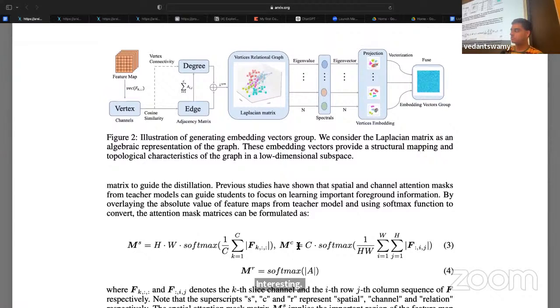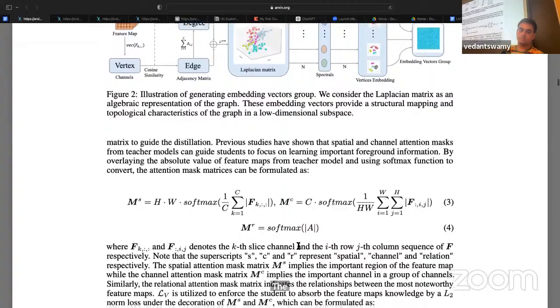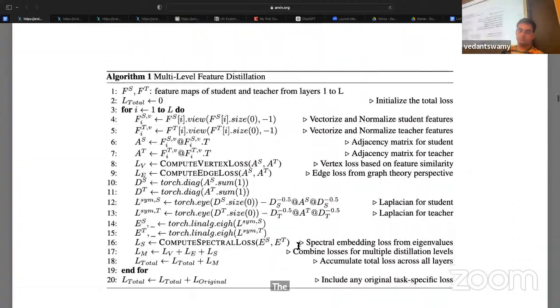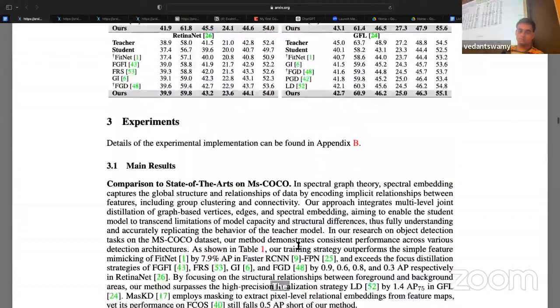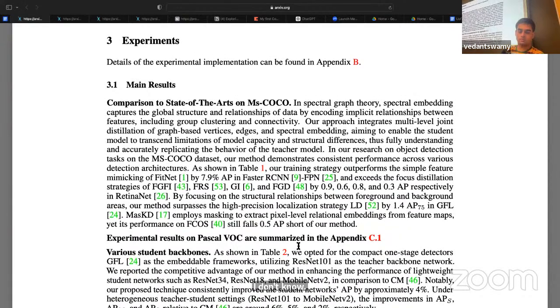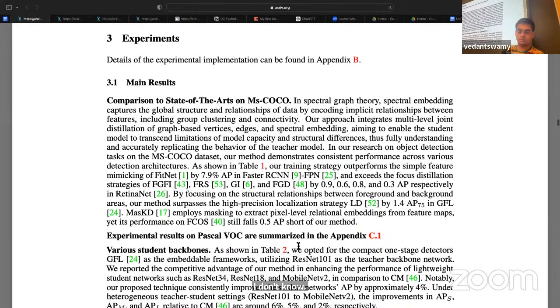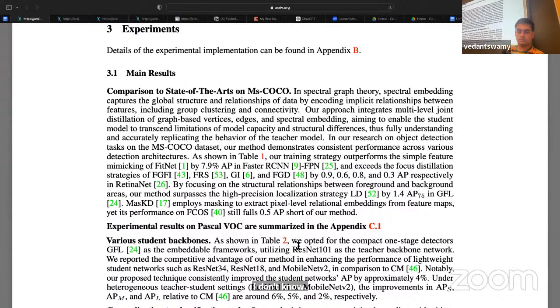Is it pre-trained and then fine-tuned? What's the starting point for the student relative to the teacher? I don't know, maybe I haven't read enough, but their experiments seem to be... We'll get to know more once they release the code and so on.